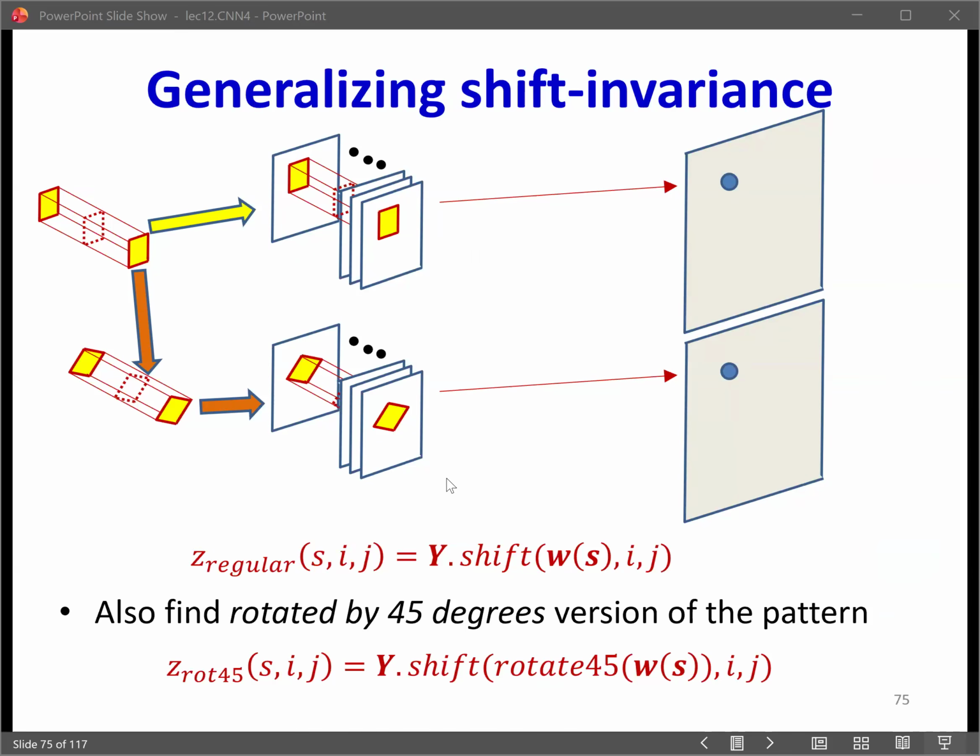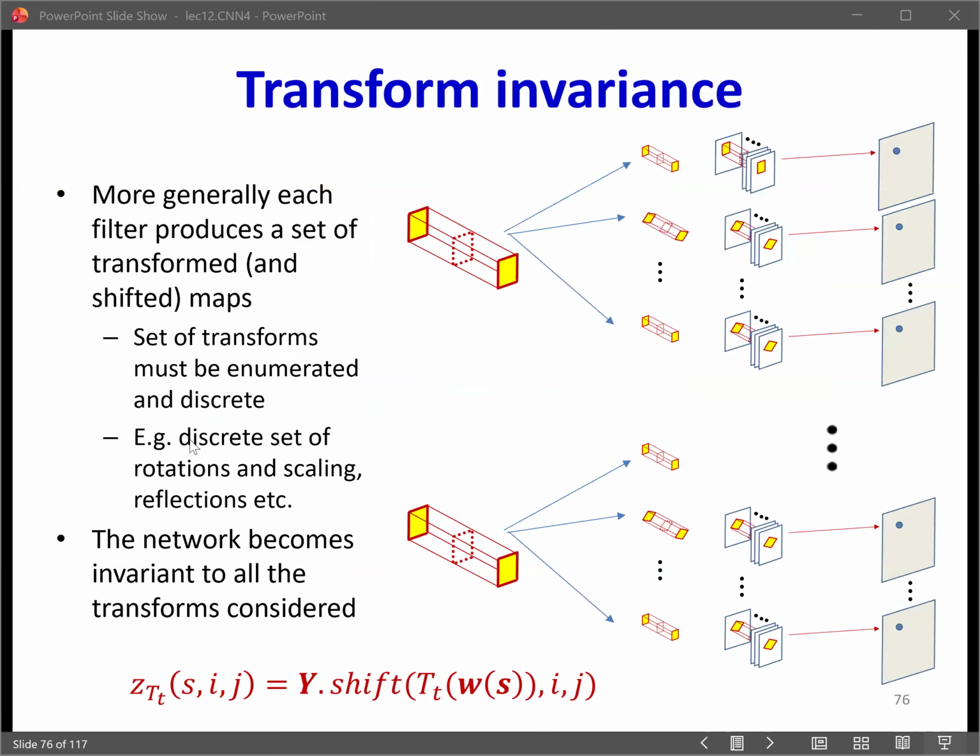It has to do with the fact that it's not just rotation. You can think of every kind of transform that you want invariance to. And so you're going to transform this filter to explicitly make copies of the filter with each transformation applied to the filter. And then you'd be scanning with all of these transformed versions of the filter, right?